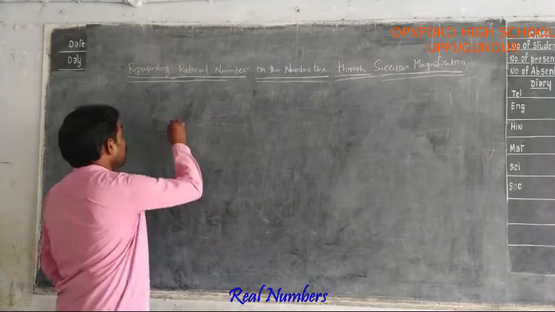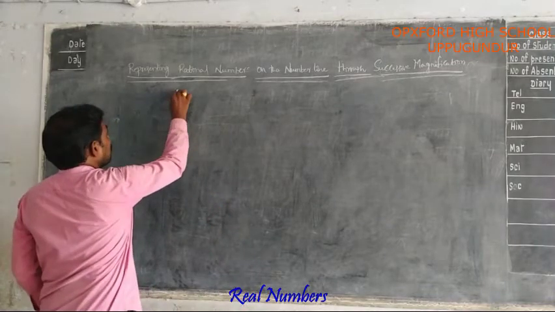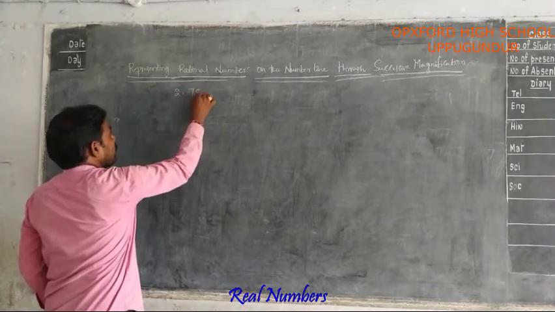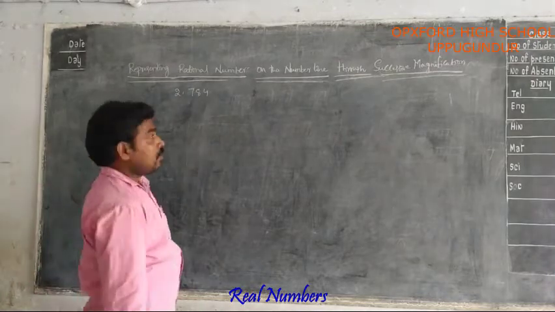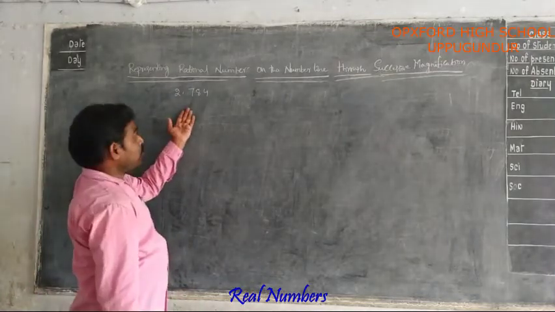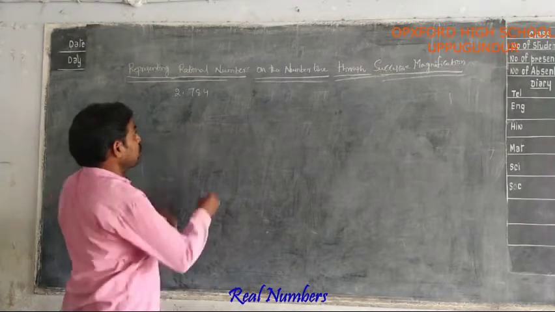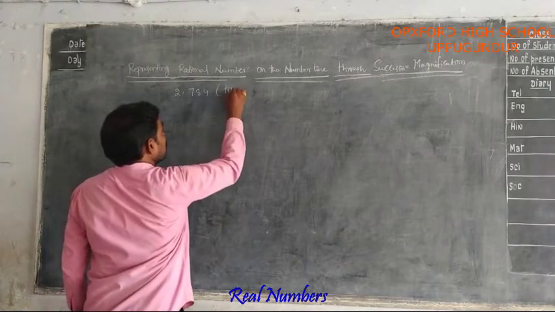Suppose you want to represent 2.784. This is the decimal form of a rational number and it is a terminating decimal.